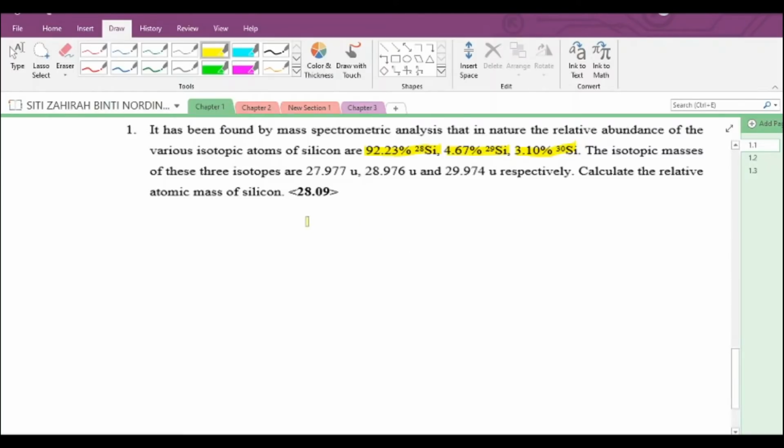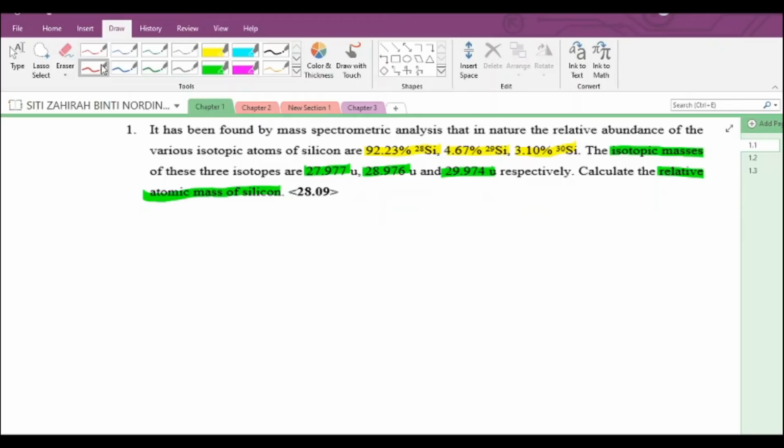The isotopic masses of these three isotopes are given. The question asks to calculate the relative atomic mass of silicon.